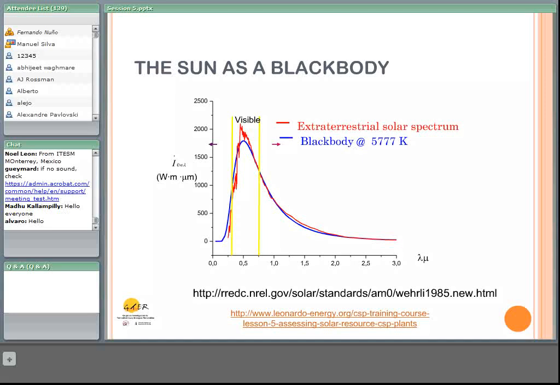The reference for this data is here. It's from 1985, but it must not have changed much during these years.